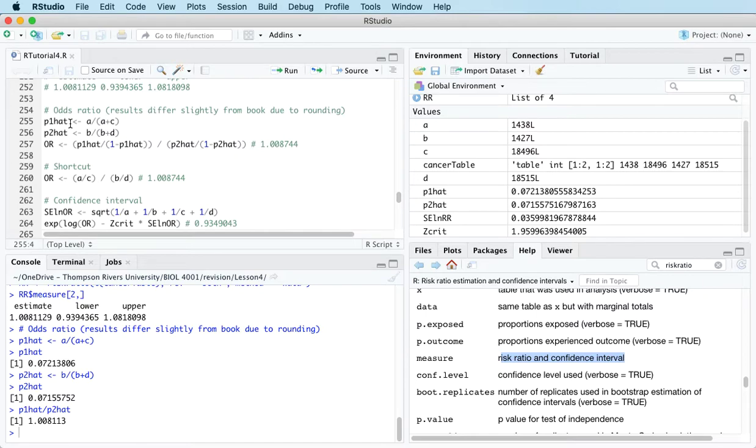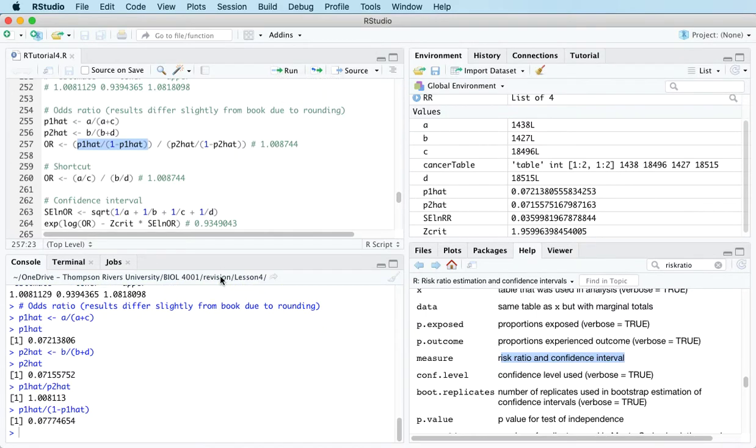And the odds of an event happening is defined by the probability of that event happening divided by 1 minus the probability of that event happening. So that's what is known as the odds of the event happening. And so if I calculate that ratio, P1 hat divided by 1 minus P1 hat, that's the odds of a woman developing cancer if they're given the aspirin treatment.